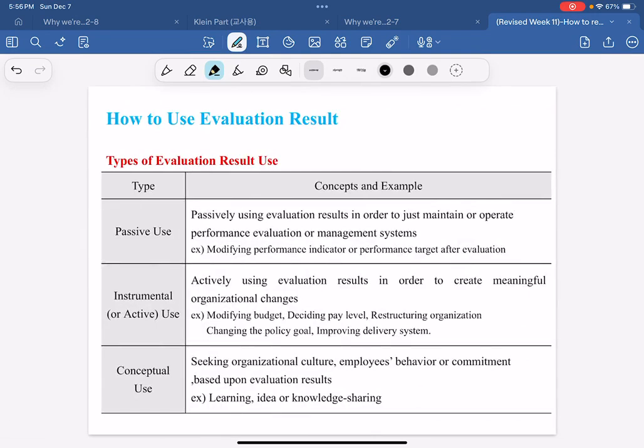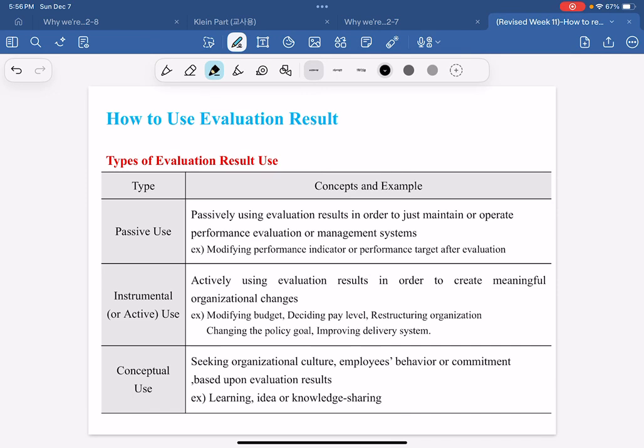And there are some theories to categorize evaluation result use. There are three types of evaluation result use: passive use, active use, and conceptual use.